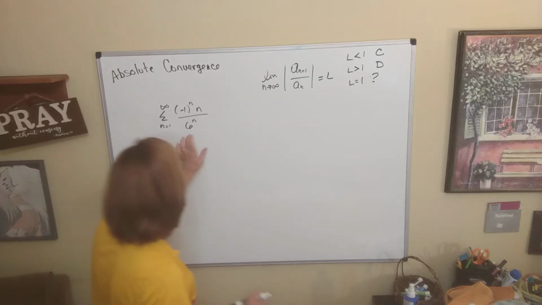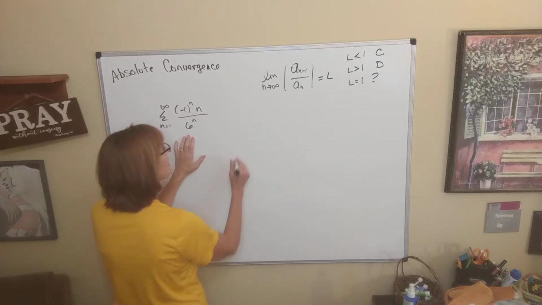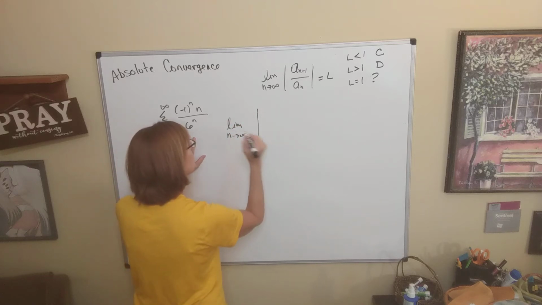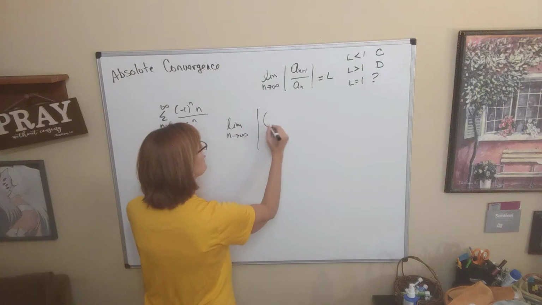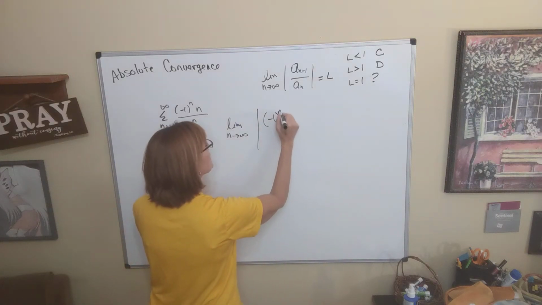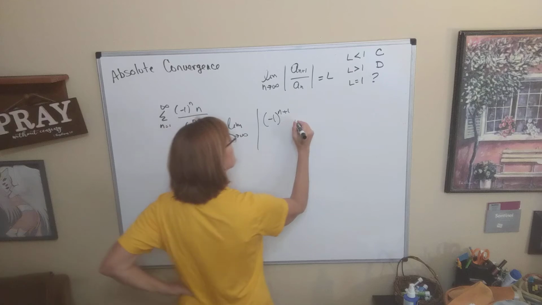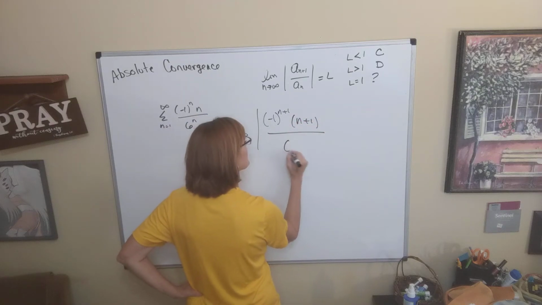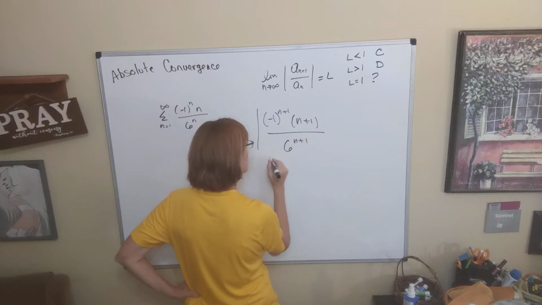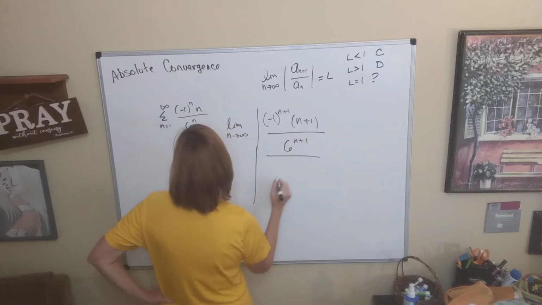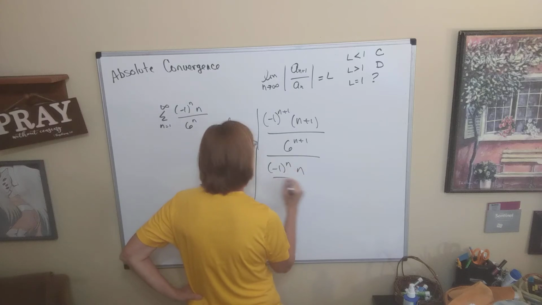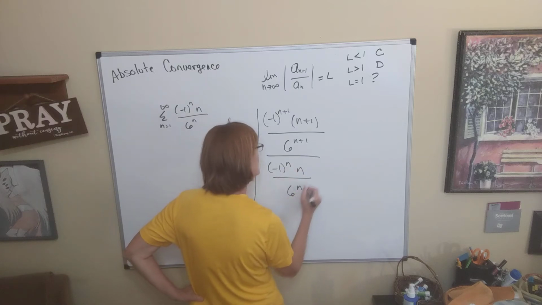This is a sub n right here. So if we take the limit as n goes to infinity of the absolute value of a sub n plus 1 over a sub n, this would be negative 1 to the n plus 1 times n plus 1 over 6 to the n plus 1, over negative 1 to the n times n over 6 to the n.